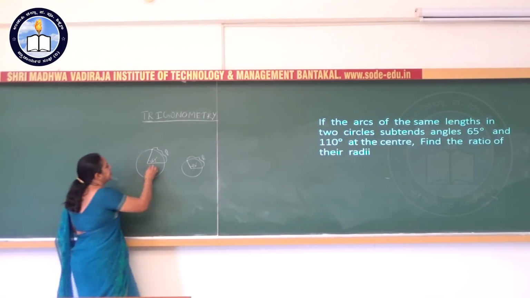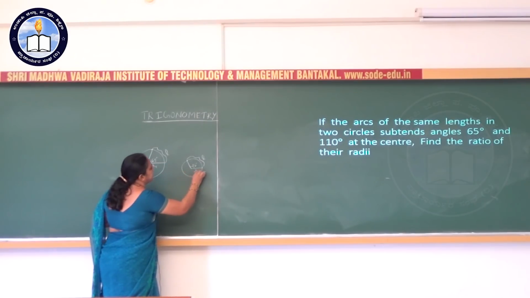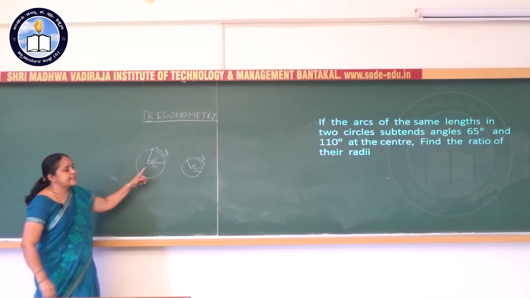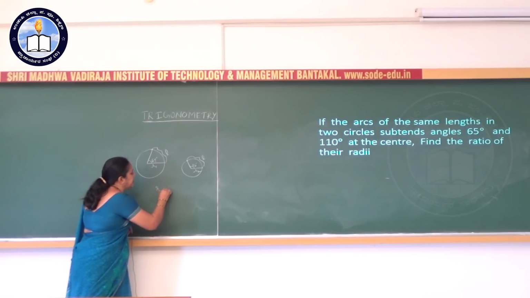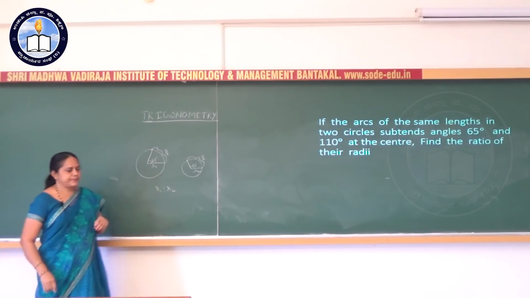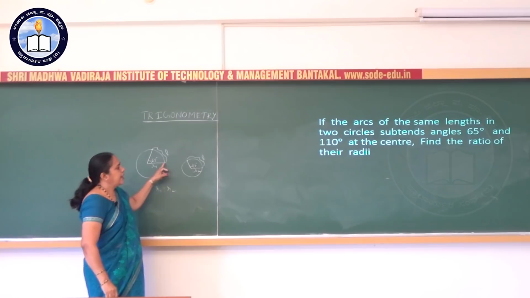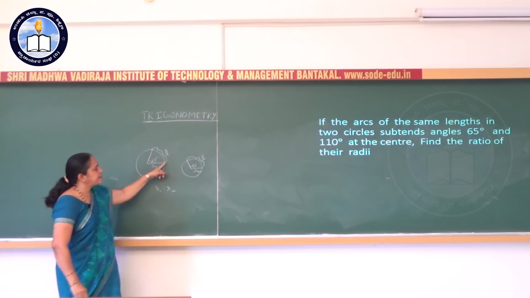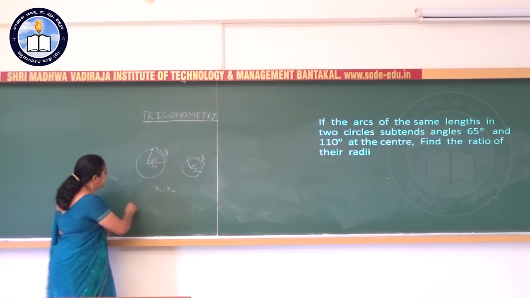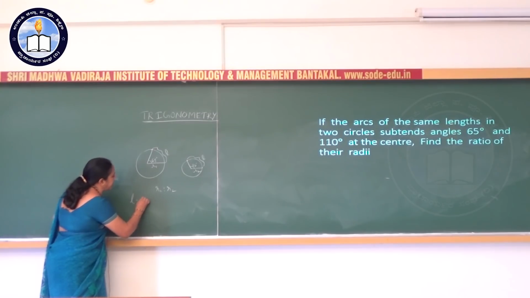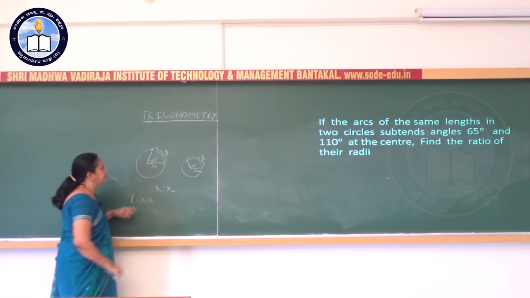We have to find the ratio of their radii. That means we have to find R1 is to R2. Now, we know the length of the arc is given by R1 into theta 1.